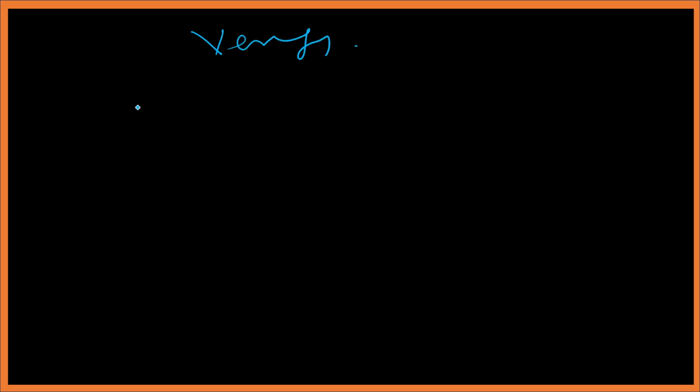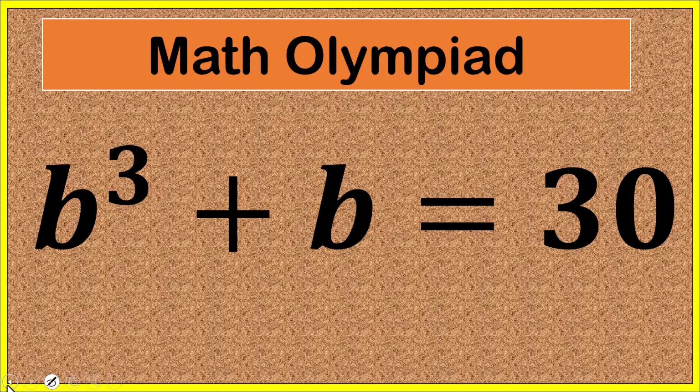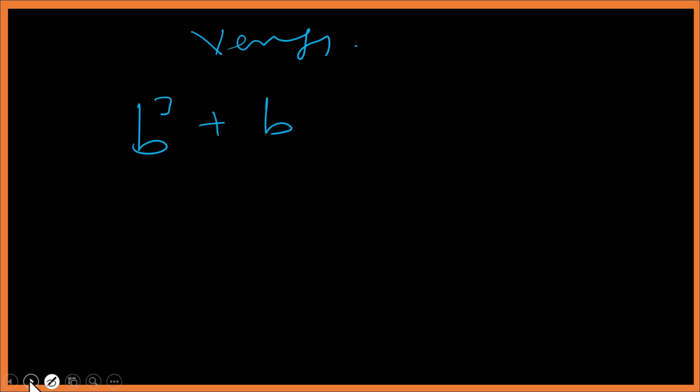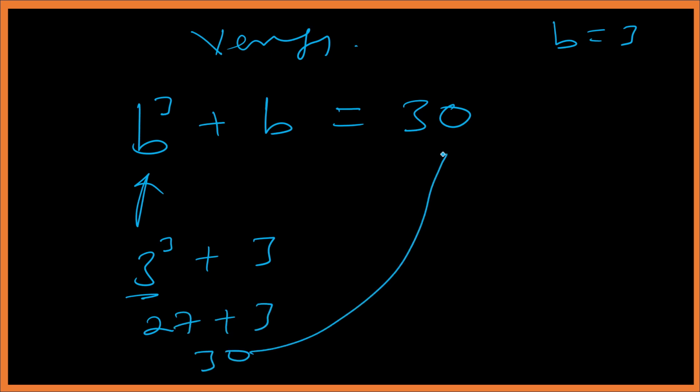So we have b cube plus b equals 30, and b is 3. Now let's plug in 3 here. So we have 3 cube plus 3. 3 cube is 27, plus 3 is 30. So we have 30 here.